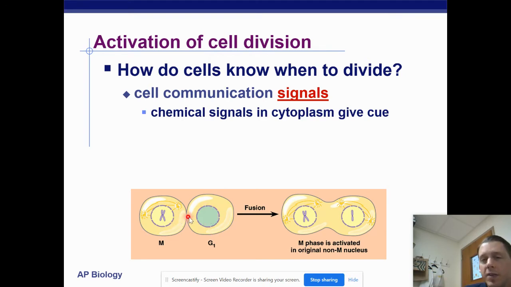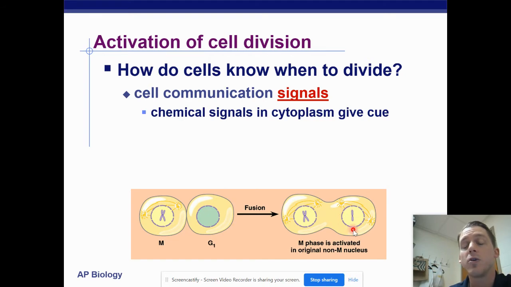When we fuse these 2 cells together, now those chemical signals can flow between them. So what's it going to do to the cell on the right? It's going to tell it to start undergoing mitosis. And so you see here that the cell formed a chromosome. Now notice the chromosome isn't duplicated because we were in G1 and the chemical signal told it to immediately go into mitosis.